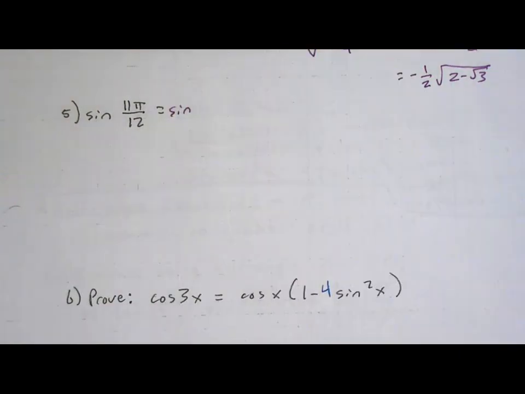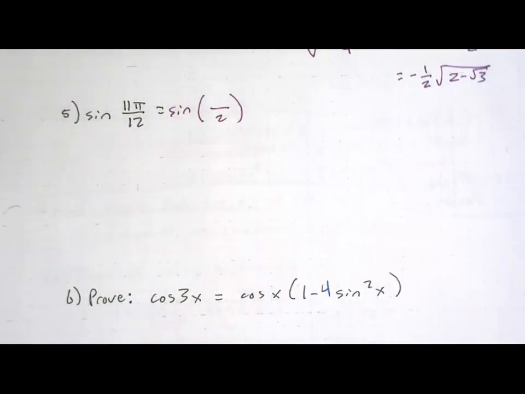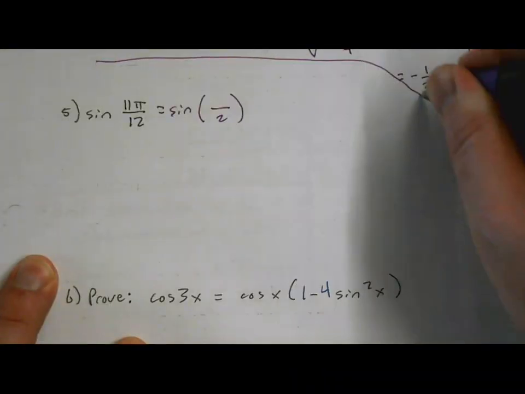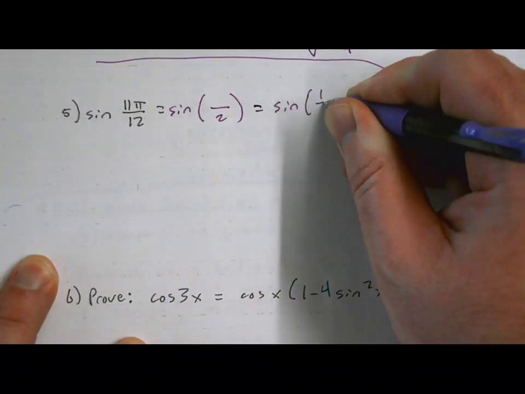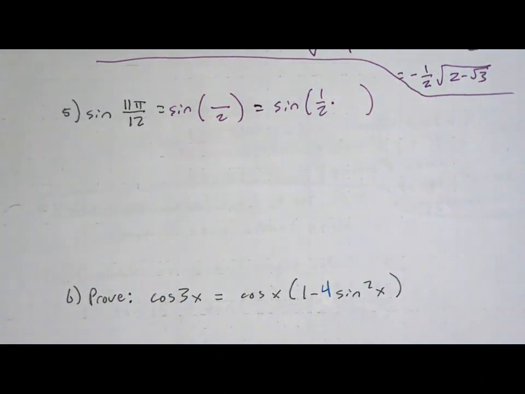So I'm trying to rewrite this as the sine of something over 2. But when it comes to problems that are in radians, it's actually more convenient to rewrite it as the sine of 1/2 times something. Because something over 2 is the same as a half times something, agreed? Yep.